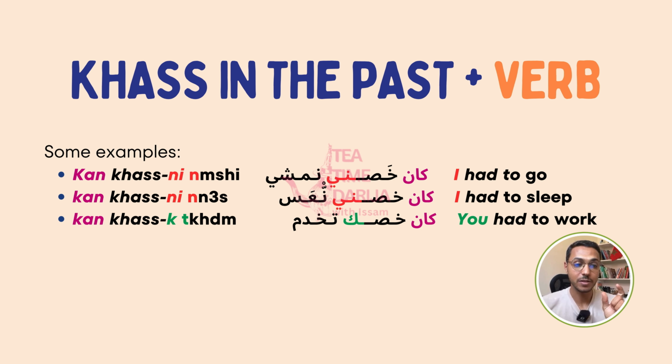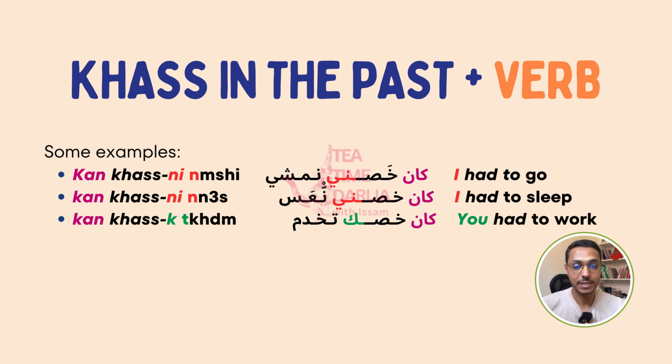But to make it in the past, we put can before. So كان خاصني نمشي. I had to go. كان خاصني ننعس. I had to sleep. Okay. كان خاصك تخدم. You had to work.